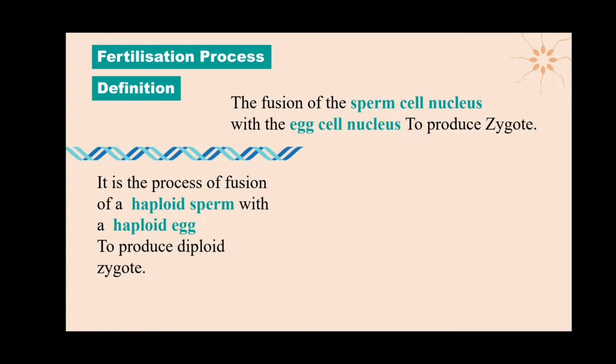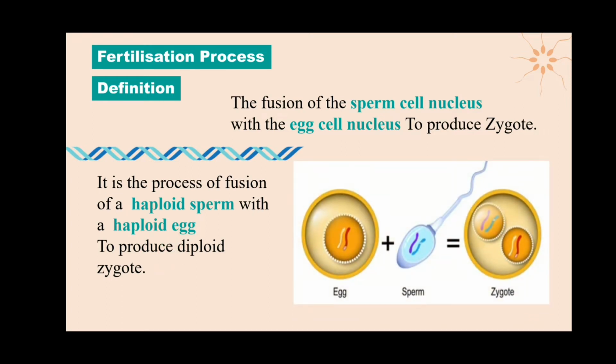Dear student, this picture helps you to understand clearly what is actually meant by the fertilization process. Here, a haploid egg is fused with a haploid sperm, resulting in the formation of a diploid zygote.